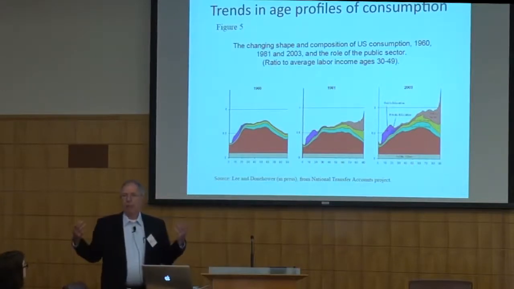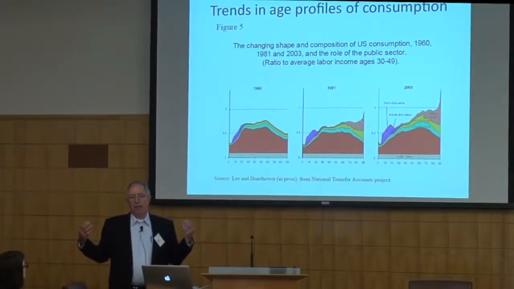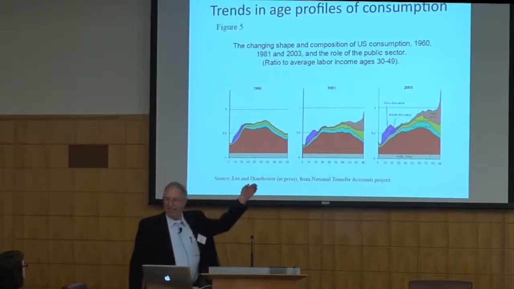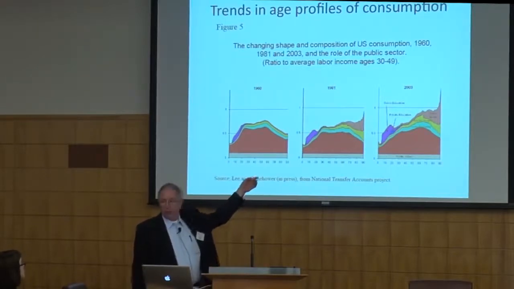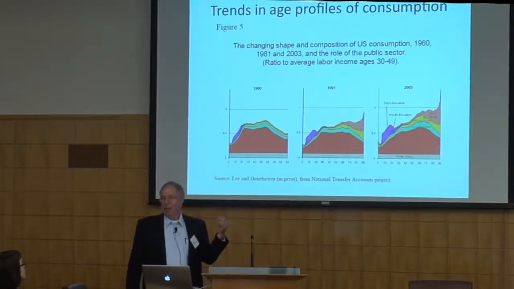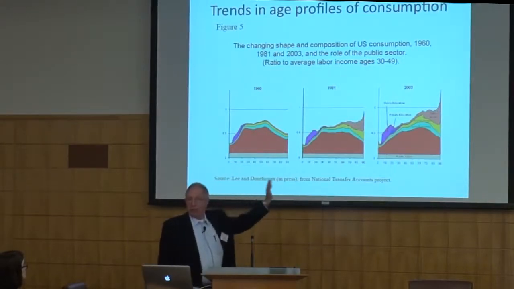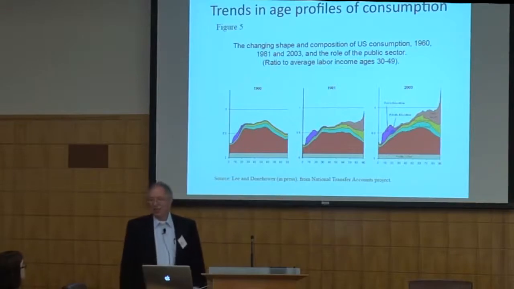Well, the set of public and private transfers that are required to support a consumption profile that looks like that get really challenging when most of the people end up on the right side of the graph, which is what happens when you have population aging.